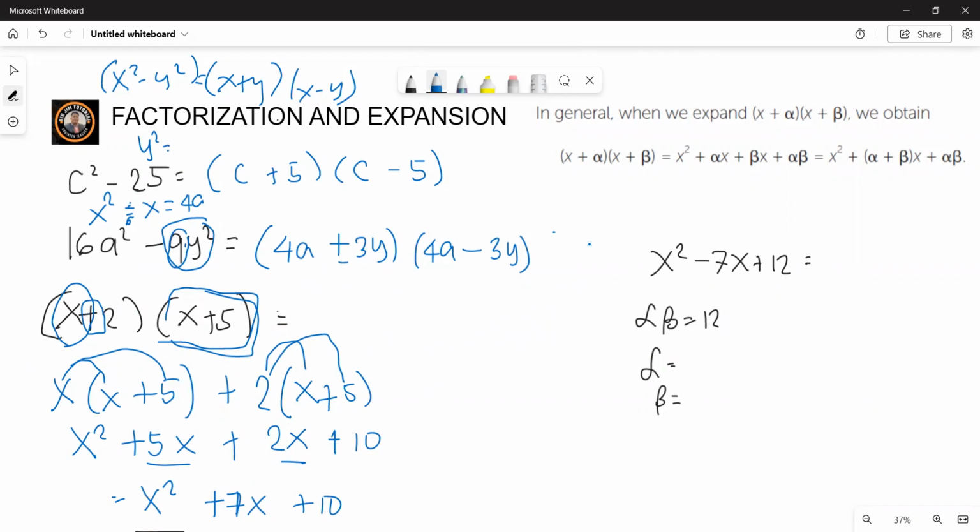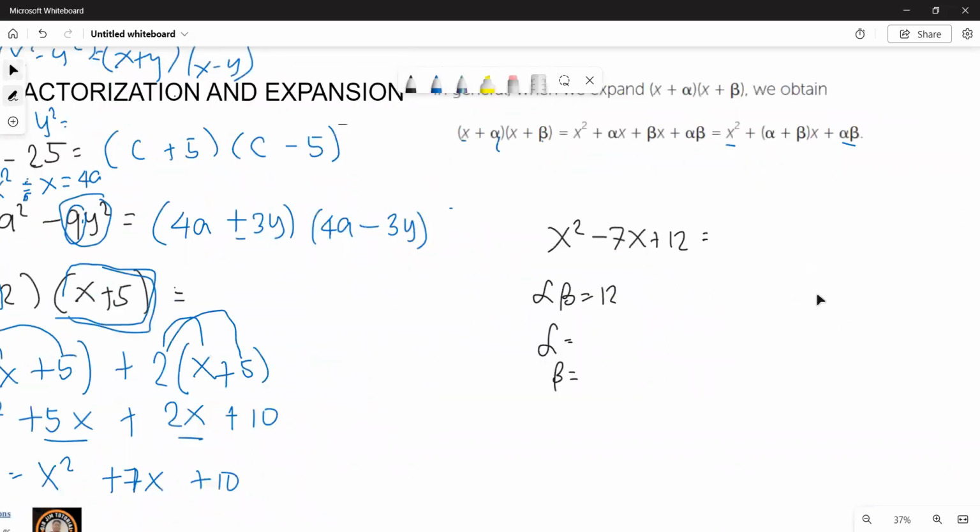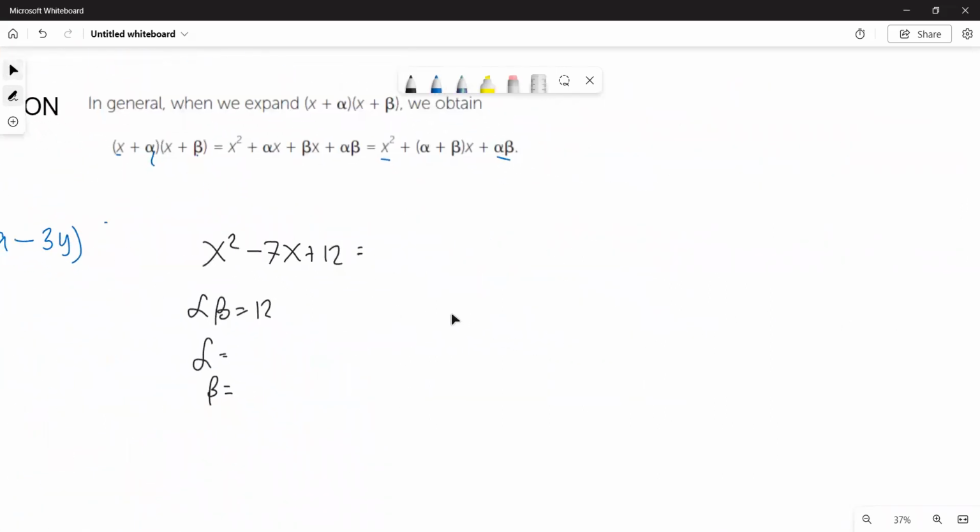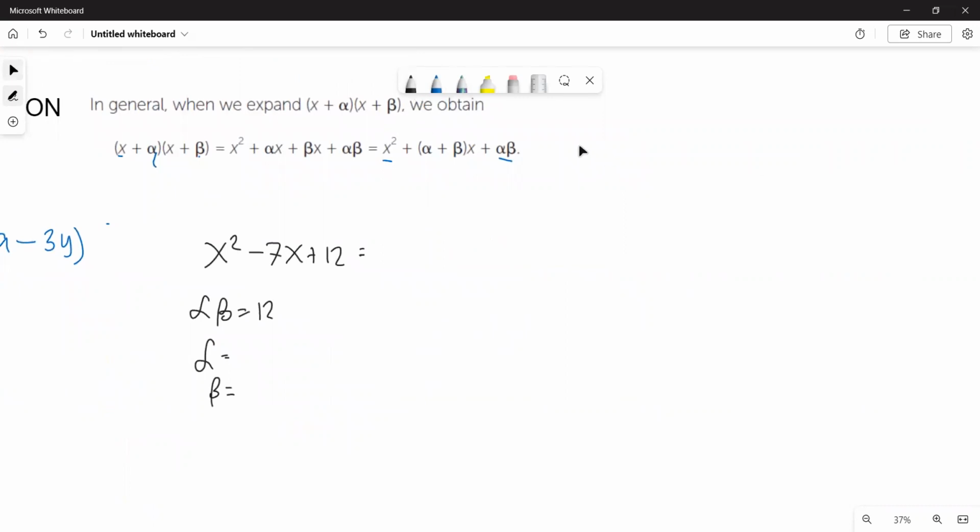Which is actually coming just from this equation. So for example, you have (x plus alpha)(x plus beta). Just copy x squared here, and then alpha and beta here. You add alpha and beta, and then multiply by x. So in this case, for example, x plus 2 and x plus 5, we can apply this concept.